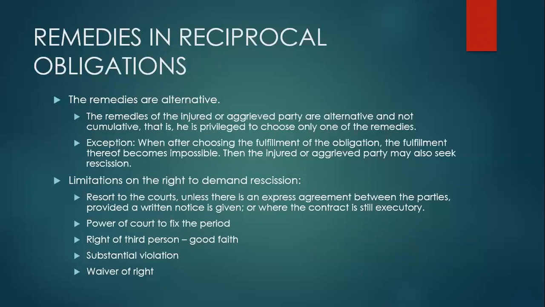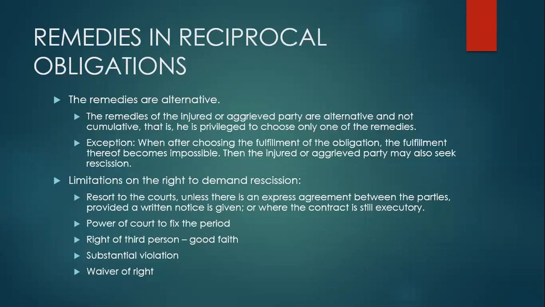The second limitation is the power of the court to fix a period. The court has discretionary power to allow a period within which a person in default may be permitted to perform his obligation if there is a just cause for giving time to the debtor, as where the default incurred was not willful or could be excused in view of the surrounding circumstances.